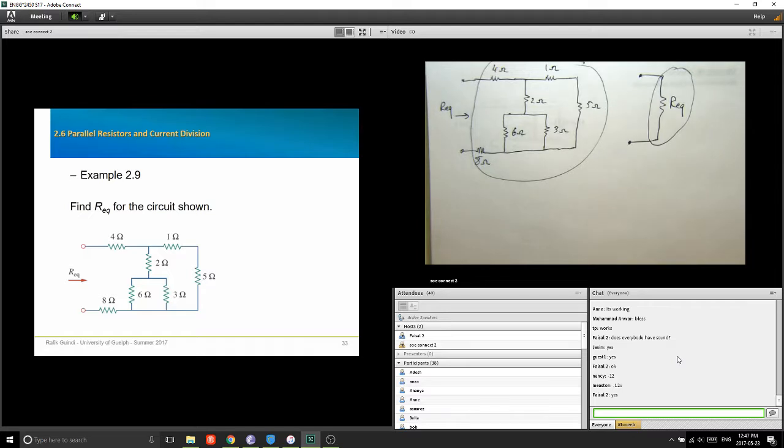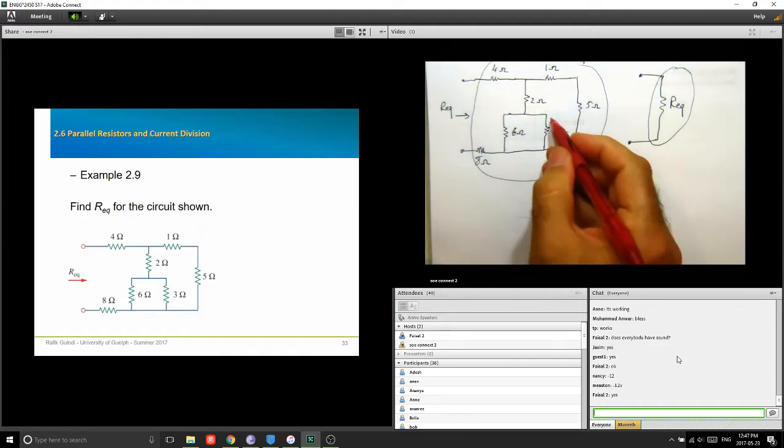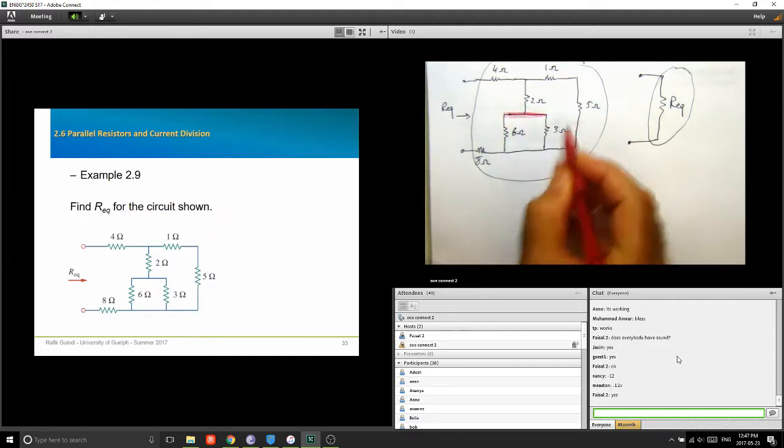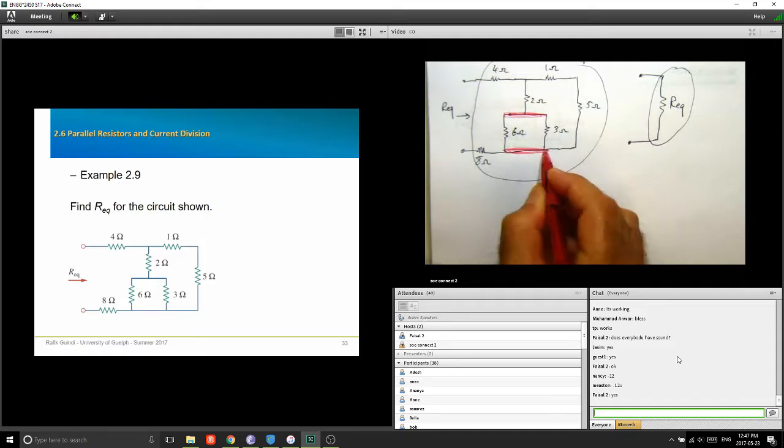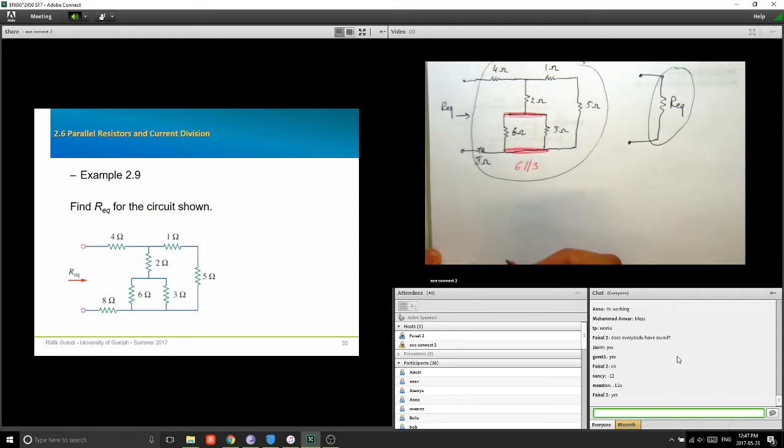Now, my question is, we're going to take resistors in parallel. Yes. 6 and 3. Do you see that? This here is one node, and this here is another node. So 6 and 3 are indeed in parallel. And I can say 6 parallel with 3. Do you see that notation? These two slanted lines mean in parallel. Product over sum, 6 times 3 is 18, divided by 6 plus 3, divided by 9.